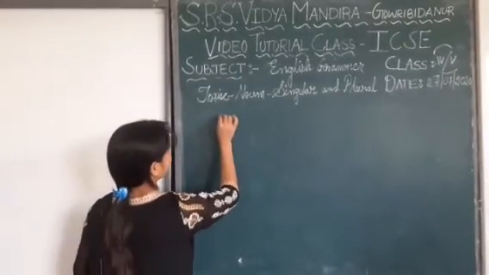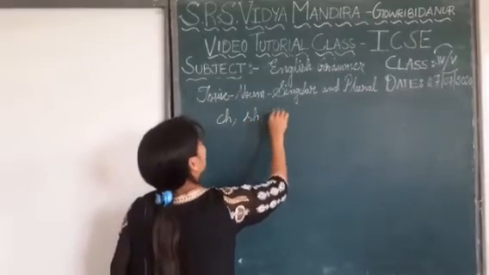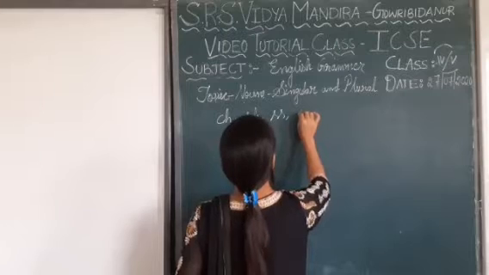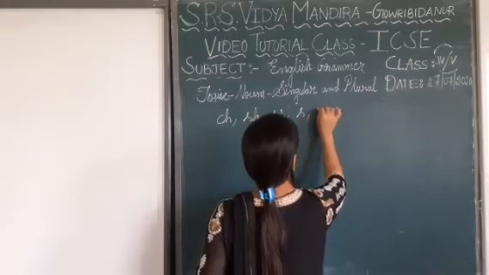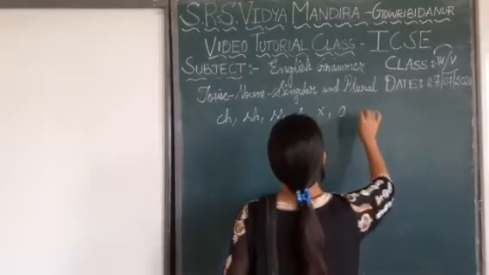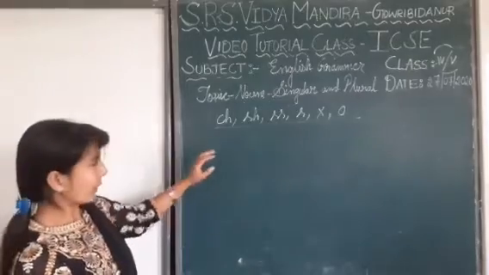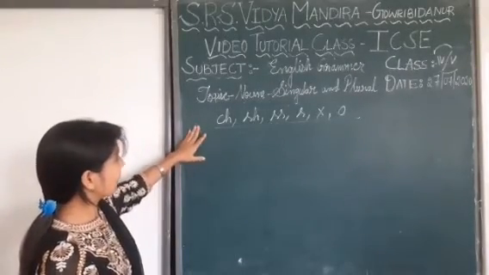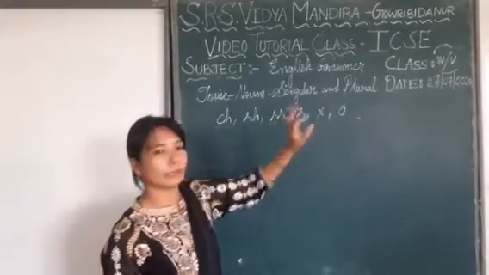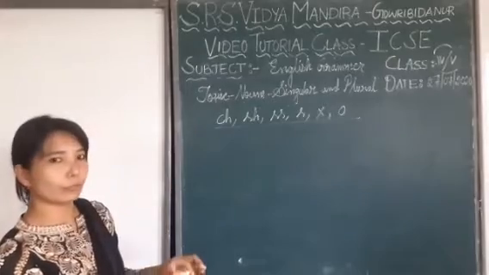But there are a few words that end with some letters: ch, sh, ss, s, x, o. So what happens when the words end with ch, sh, ss, s, x or o? How do we change such words into the plural form?